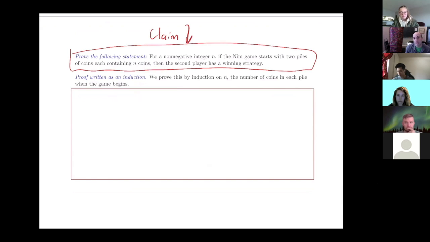And below it is the proof. So just like we've been doing with contradiction and contrapositive, we should tell the reader we're going to prove this statement, and we're going to prove it using induction on what, right? We need to say what we're doing induction on. So we're going to prove this doing induction on the number of coins in each pile, n.